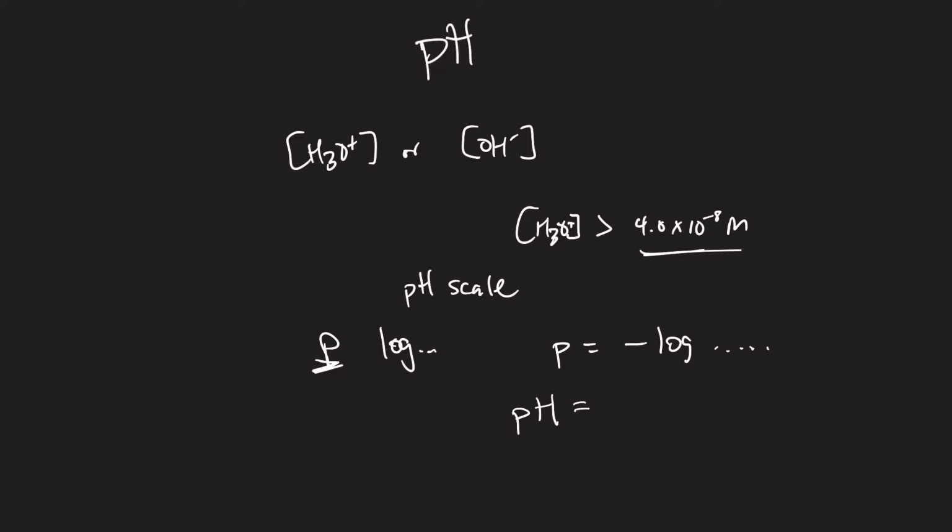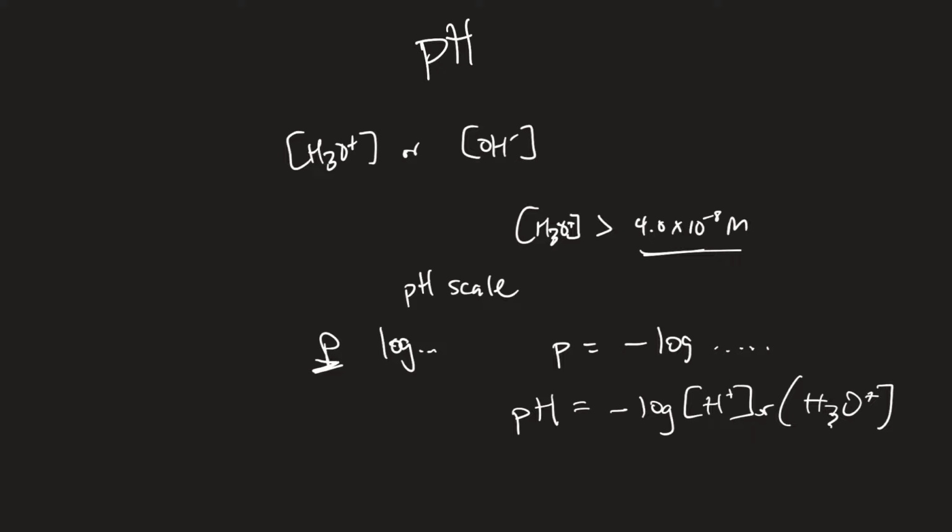And so when you have pH, it's basically the negative log of the concentration of hydrogen ions, or hydronium ions. Doesn't matter, they're the same. So pH is a logarithmic calculation.